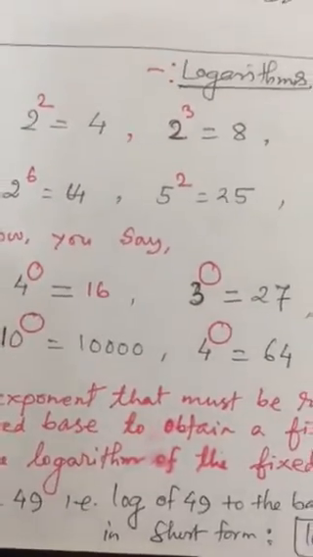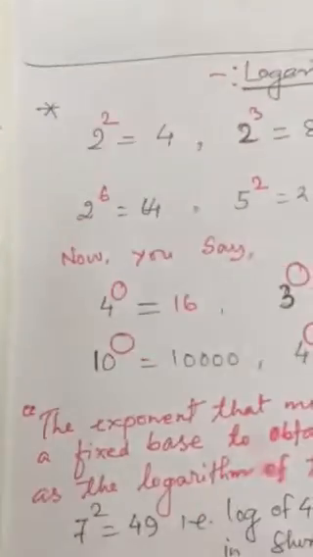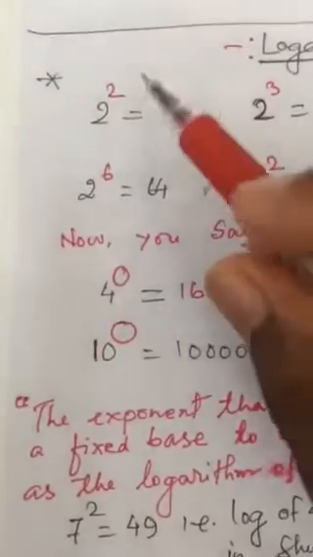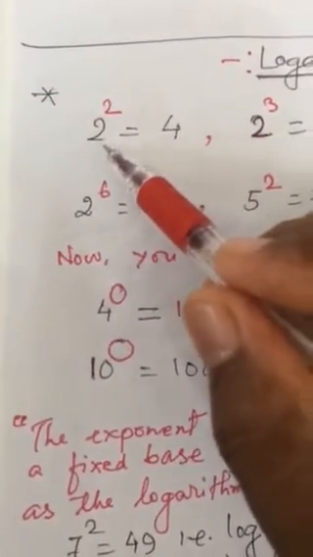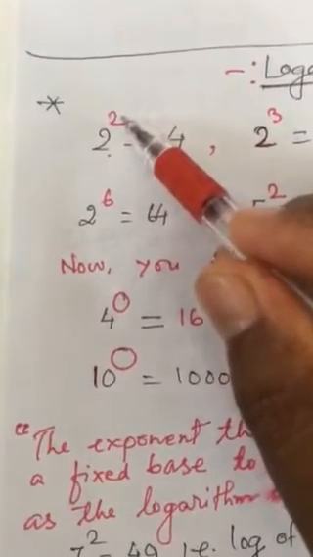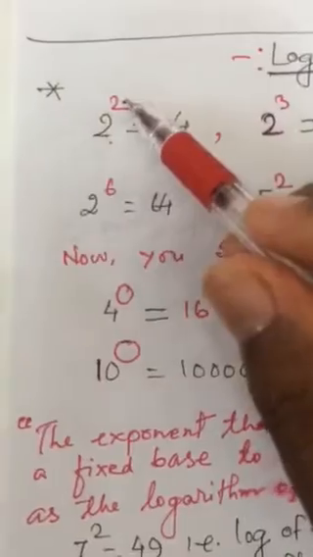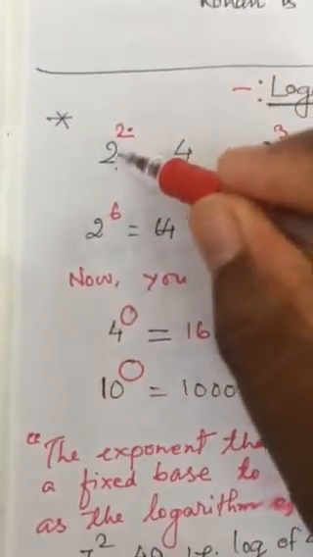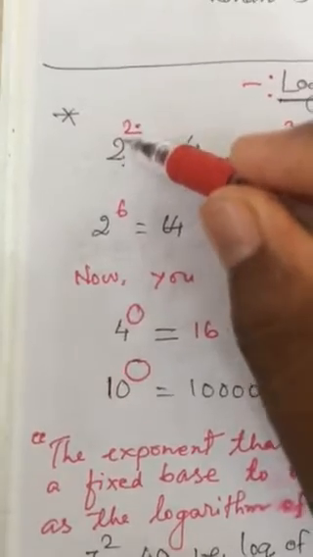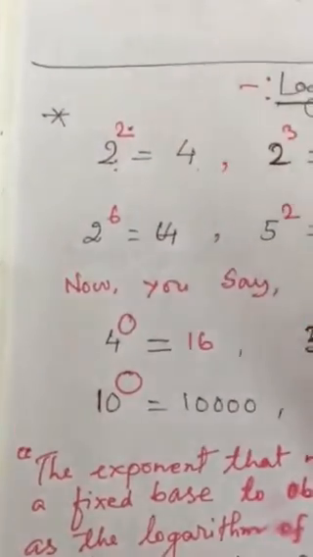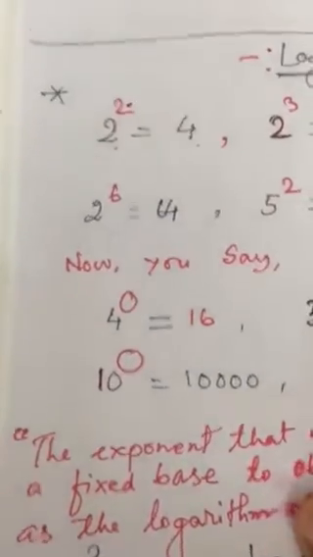Before explaining what is logarithm, I want to show something here. You see here, 2 raised to the power 2, 2 squared, is equal to 4. You have already learnt this in indices.